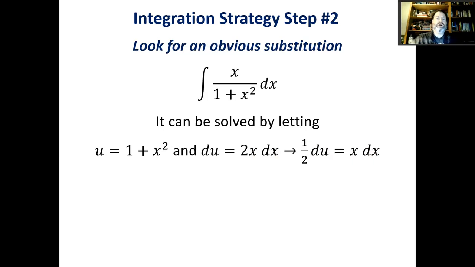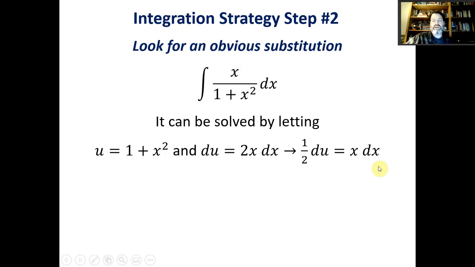Step 2. U substitutions are always the first step given the choice because they're relatively fast, as you know, compared to the stuff you've seen in Chapter 7. So here, we call this an obvious substitution because x looks like the derivative of 1 plus x squared.